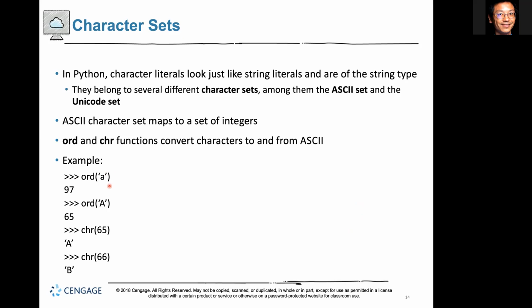And you can use this ord function, which means the ordinal, to convert a character into the code point in the ASCII character set. Okay, the ASCII character set is a way to represent numbers and the other characters as an integer number.